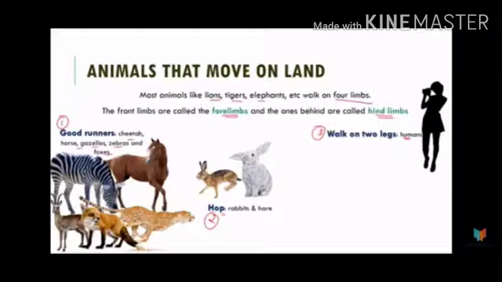Now, if you notice, our fingers or thumbs are arranged in such a way that we can hold things. So this is a special characteristic of only human beings or mammals, because no other animals can hold things with their hand, because their thumbs do not allow them to do so.